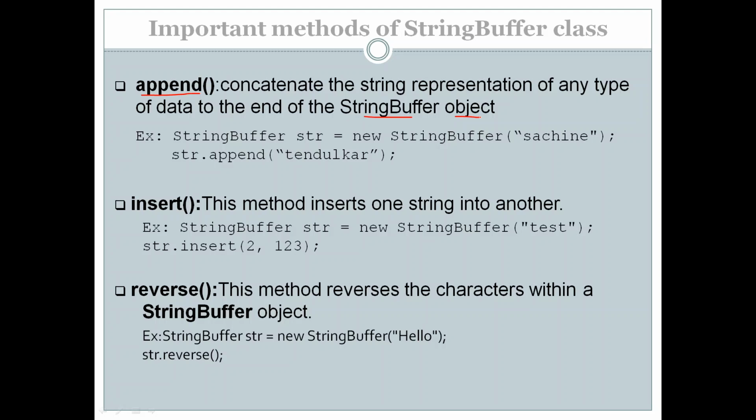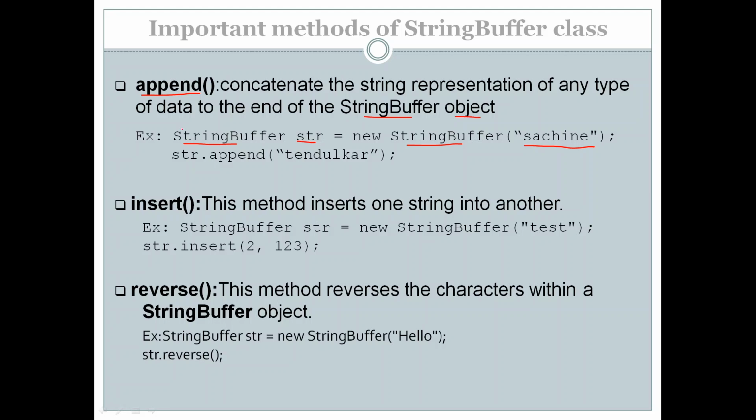Now one example is given here. You can see how we can create a StringBuffer object. As we can create an object of String, in the same way we can create an object of StringBuffer as well. So class StringBuffer, object name str equals new StringBuffer, in brackets the value which you want to store in the StringBuffer. So again we are storing Sachin here, so this str will have the value Sachin.